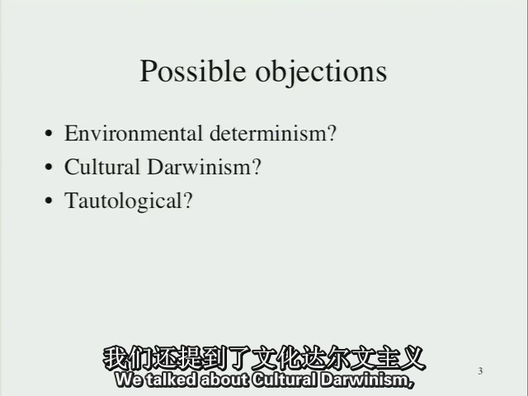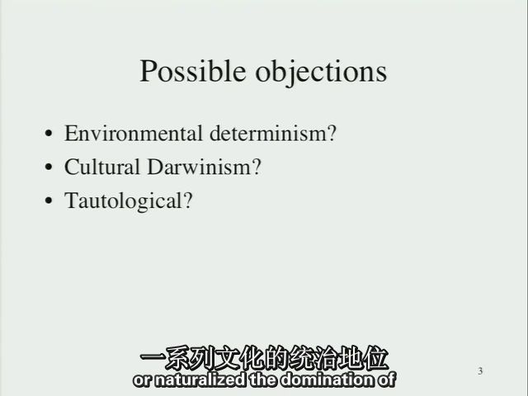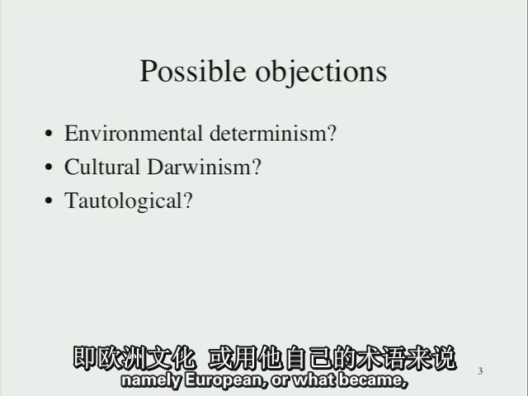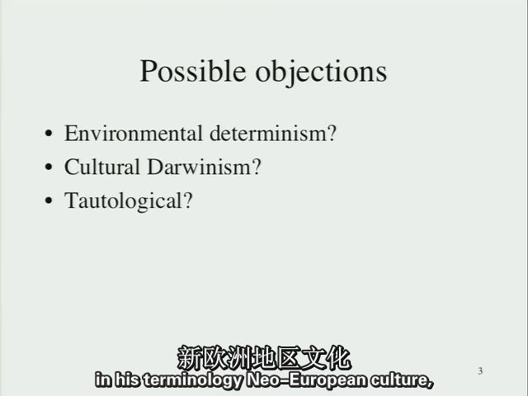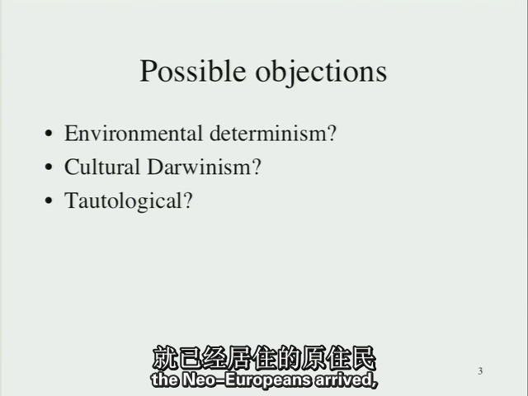We talked about cultural Darwinism, whether this argument essentially justified or naturalized the domination of one culture or set of cultures, namely European, or what became, in his terminology, Neo-European culture, over the peoples of the Neo-Europes, the peoples who were there before the Neo-Europeans arrived.